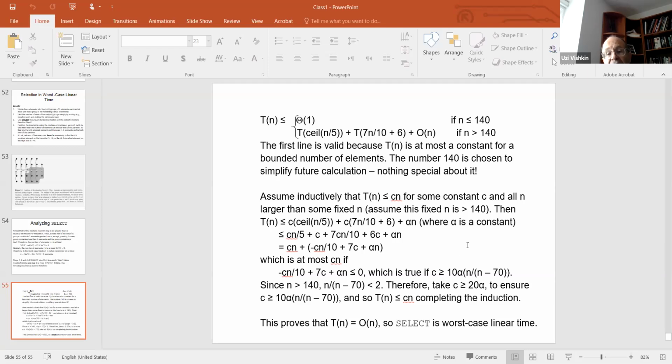And that's the whole idea. So I think that with this, I'm basically done with this deterministic algorithm.